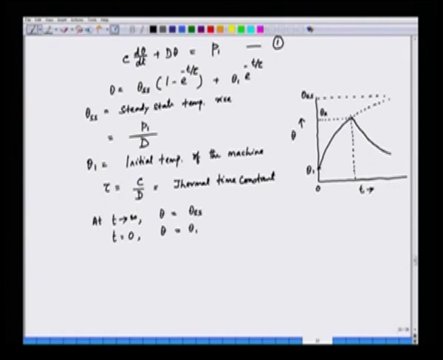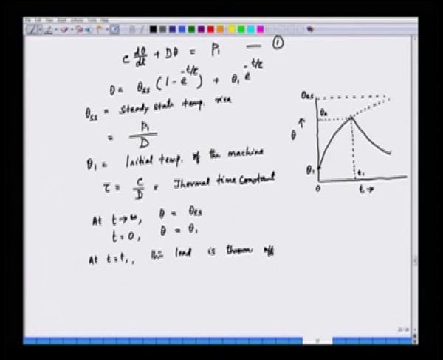So, we can say that when the load is thrown off at, let us say, t equal to T1, the load is thrown off, okay. When the load is thrown off, it begins to cool.